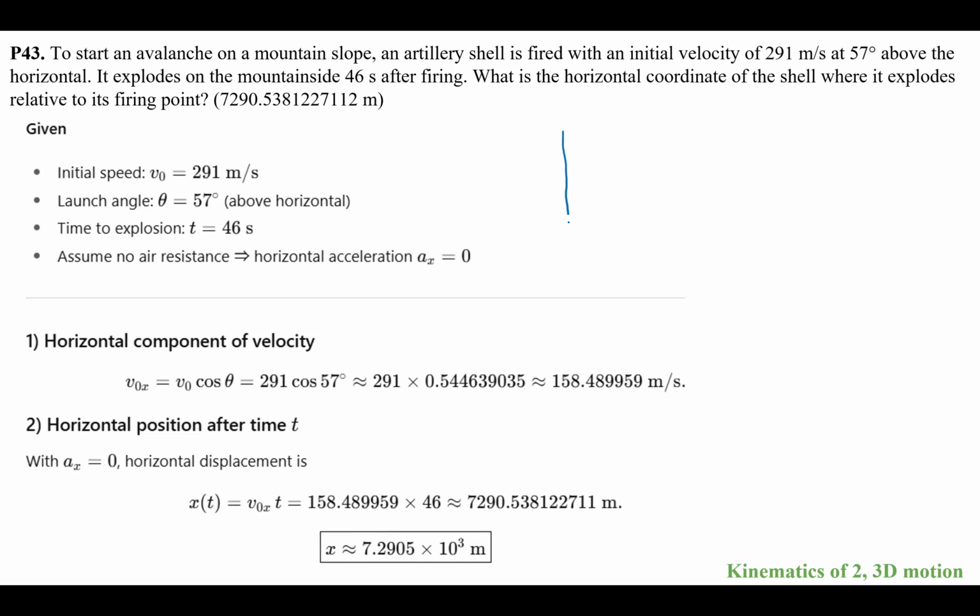So what we are dealing with is two-dimensional motion. Let's set up X and Y, and then we have a certain angle and a certain velocity, and it's projectile motion.